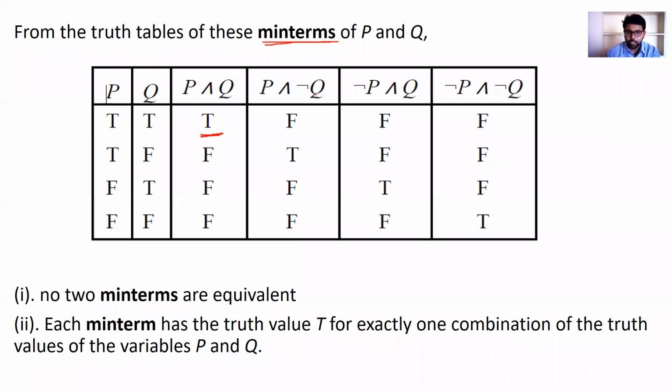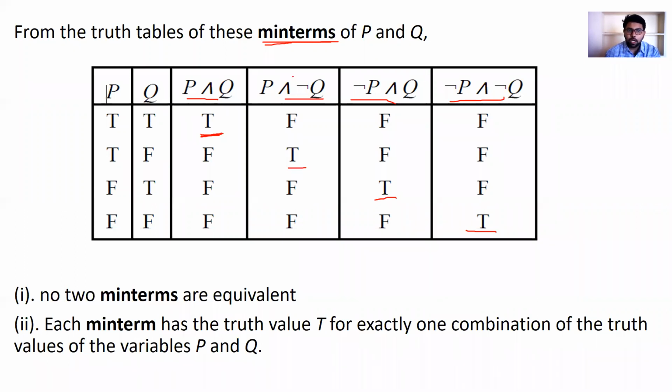And here P and negation Q, only one true value, and here also only one true value. No two minimum terms are equivalent.